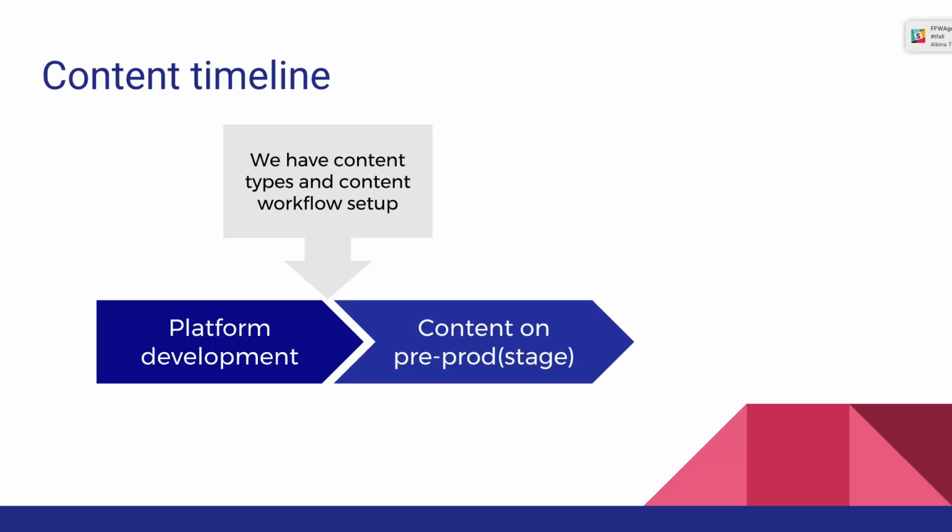Then there is the second step in this workflow, when we make a pre-production release, when we say we are ready with the content structure, and from this point you should be able to start working on the content, and eventually the database from this environment will be copied to the production environment. So we call it pre-production, and usually this is the Acquia stage environment.